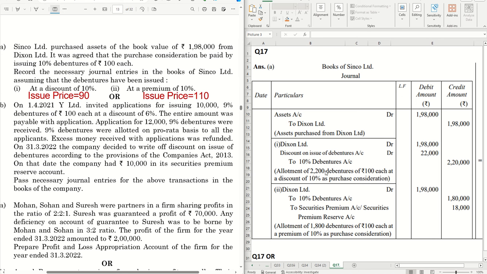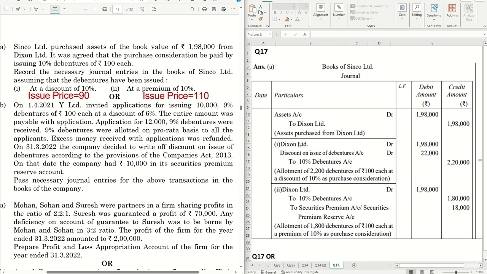Okay, and that is where your journal comes into picture because you're issuing them at a discount. So Dixon Limited account debit, the purchase consideration 1,98,000, discount on issue of debentures account debit 22,000, to 10% debentures account 2,20,000. Okay, always remember when you are doing these kind of journals, I've seen students being confused, they sometimes jumble up which number will go where.